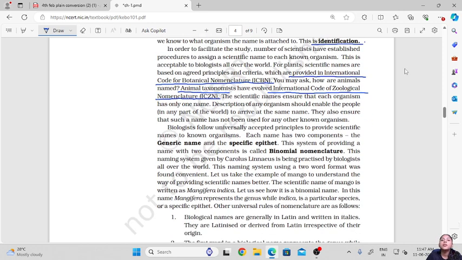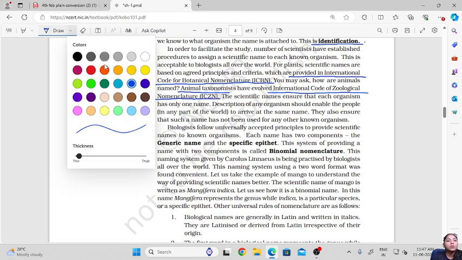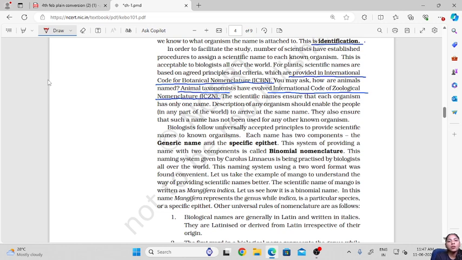The scientific names ensure that an organism has only one name. So a particular organism can have only one scientific name. They also ensure that such a name has not been used for any other known organism. So one name cannot be repeated for more than one organism.